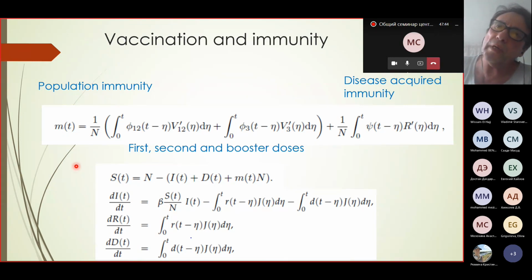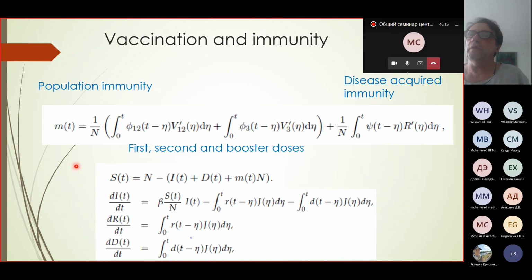Now we take into account vaccination, and vaccination changes the number of susceptible. Moreover, not only vaccination changes the number of susceptible, but recovered people have acquired immunity. And this acquired immunity also acts during some time, and then it decreases.